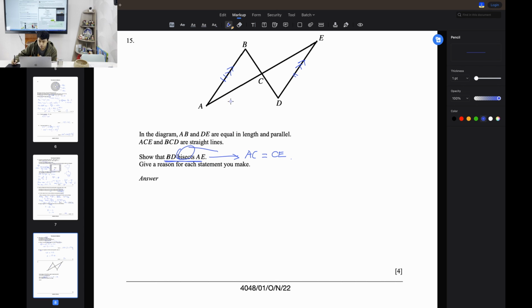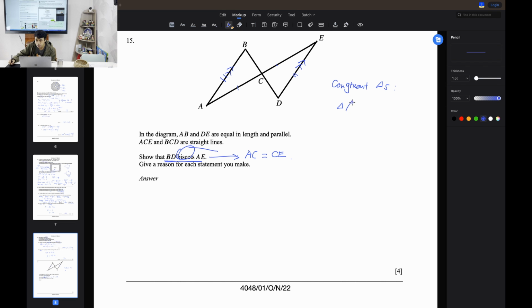So first of all, let's go with this one. I think if AC equals CE and these two are equal, we will have a pair of congruent triangles, right? ABC and EDC. So we just need to prove that. We can write our notes here. Congruent triangles.